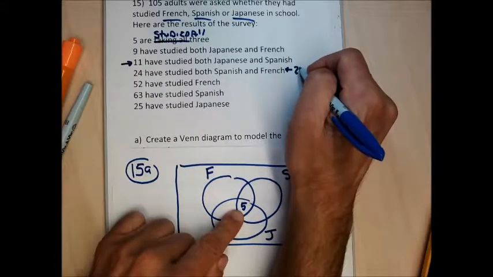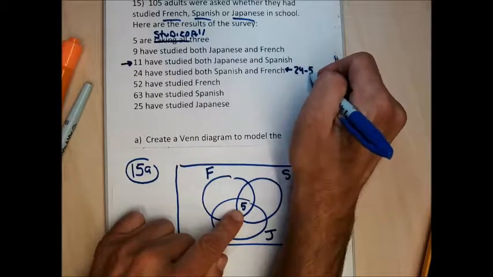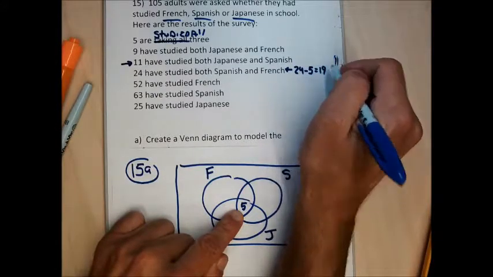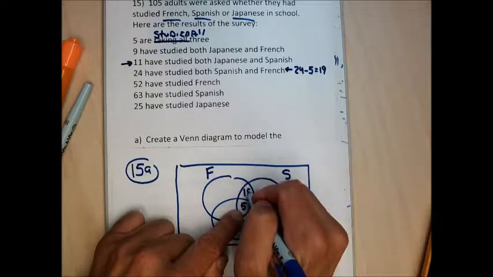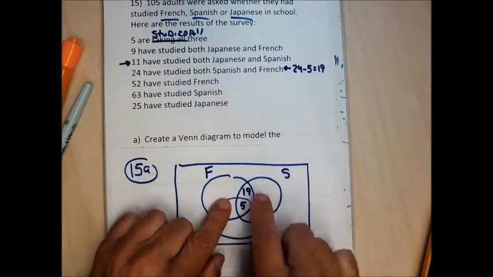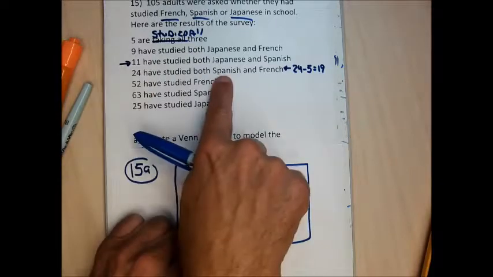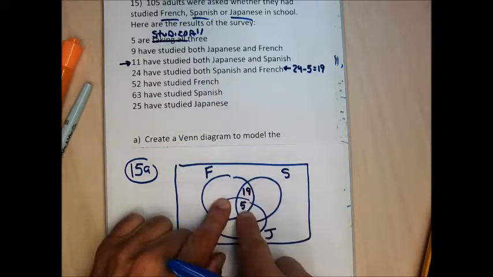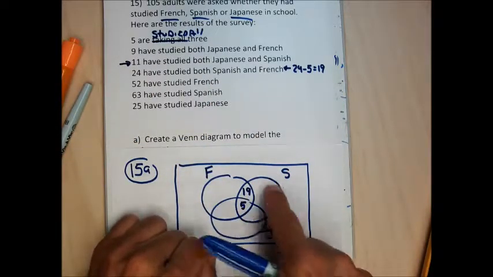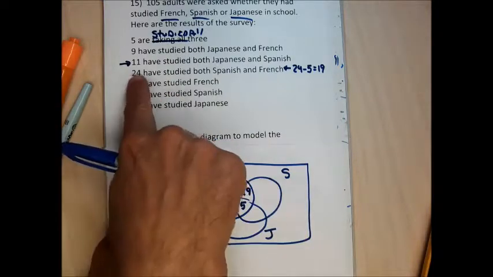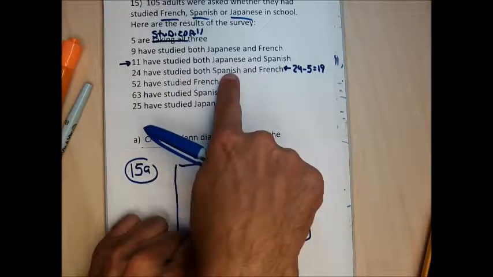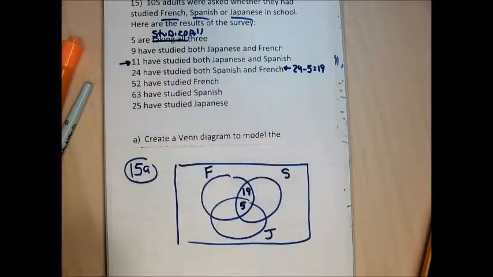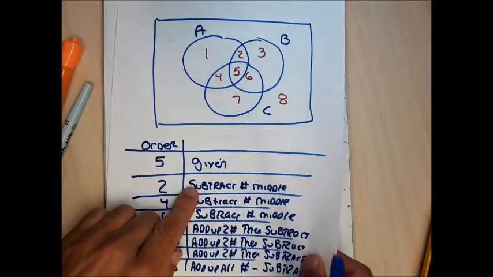So I'm going to go 24 minus 5 is 19. And I'm going to put that 19 in region 2, and that gives me the 24 that have studied Spanish and French. This 19 plus 5, they're in the Spanish and the French circle. There's the 24 that studied both French and Spanish. Done with region 2. For region 2 I had to subtract the middle number.